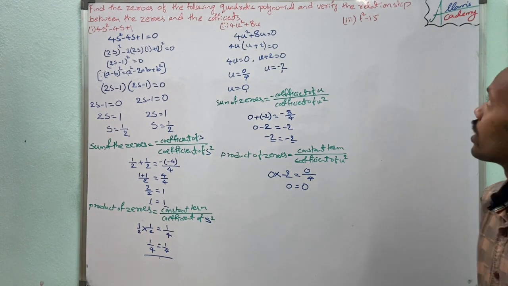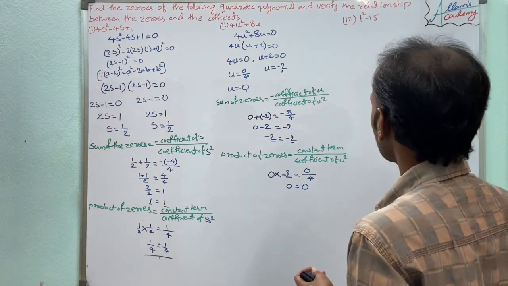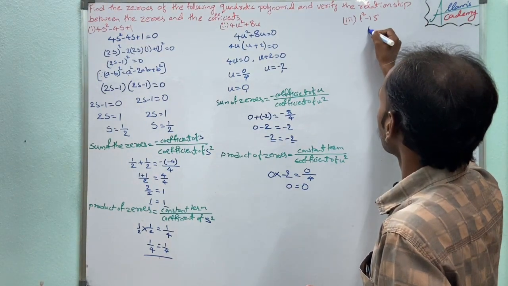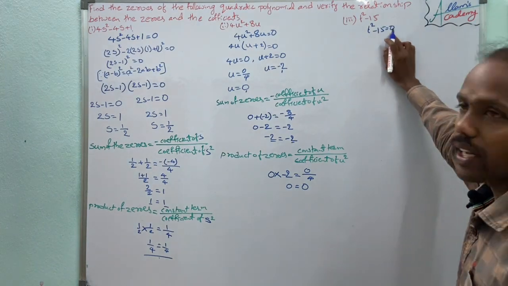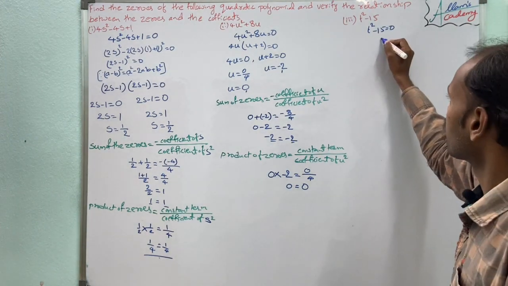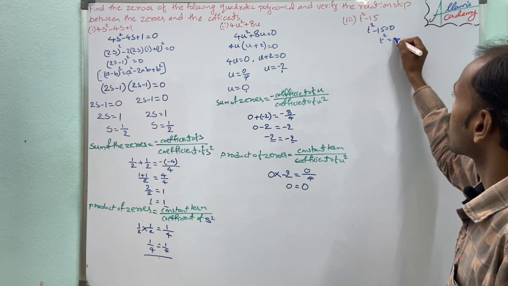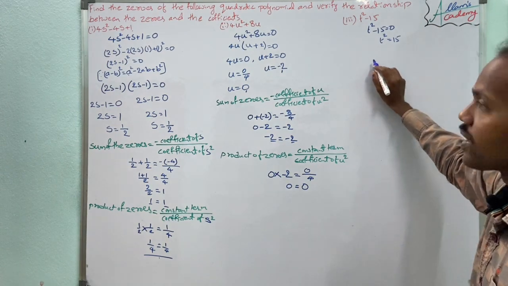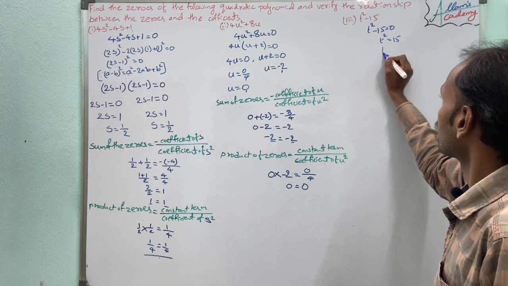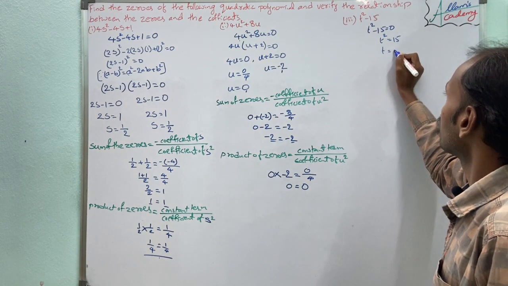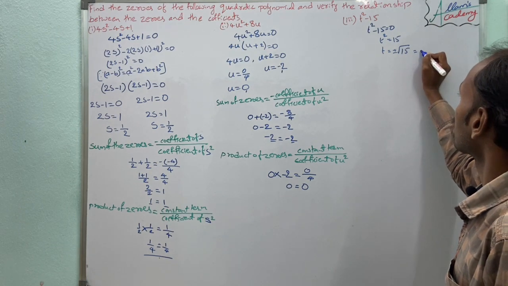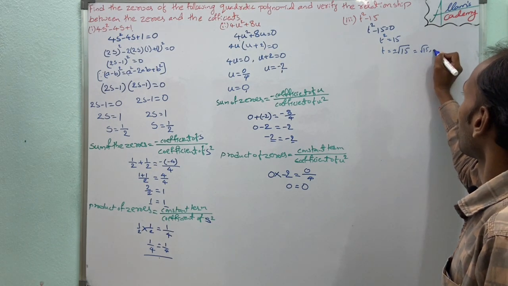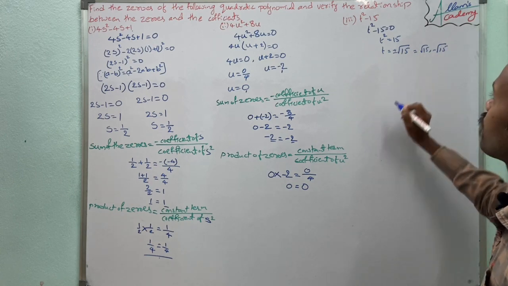So for finding the zeros of the polynomial, t square minus 15 is equal to 0, so minus 15 transfer to that side plus 15, so 0 plus 15 equal to 15, so t square equal to 15 means t equal to plus or minus root 15, so the zeros are root 15 and minus root 15.